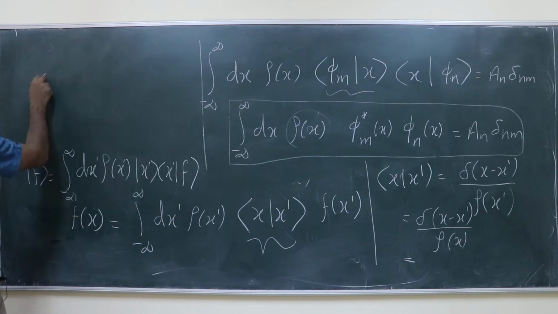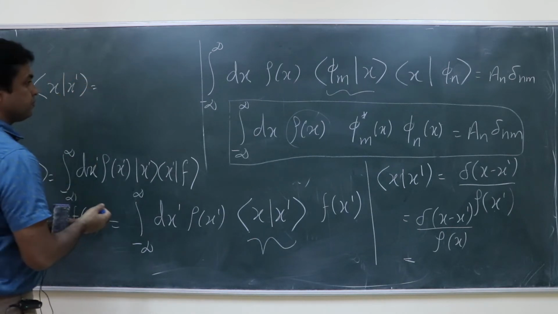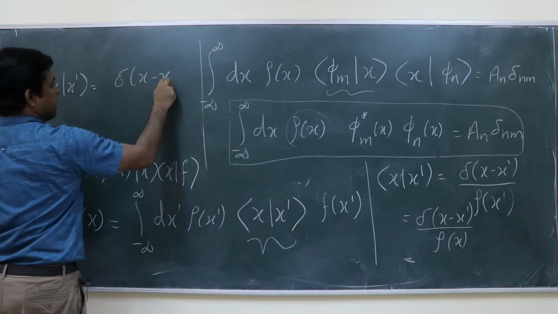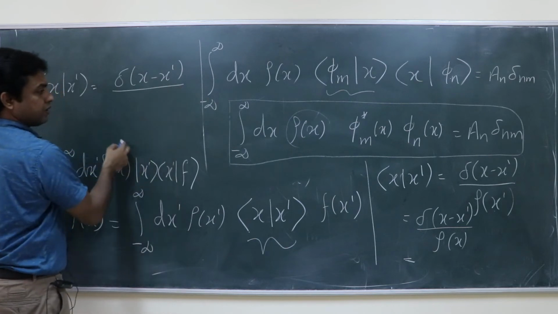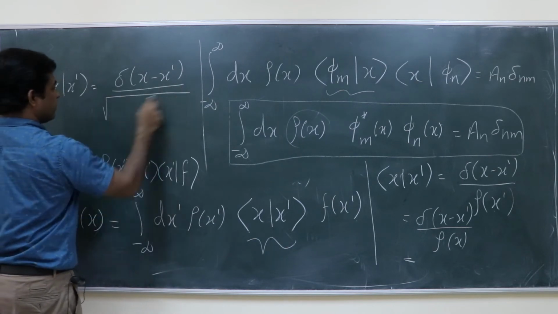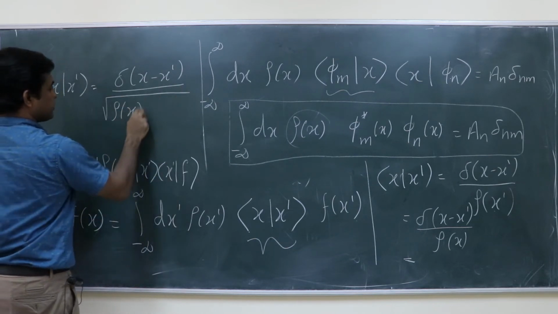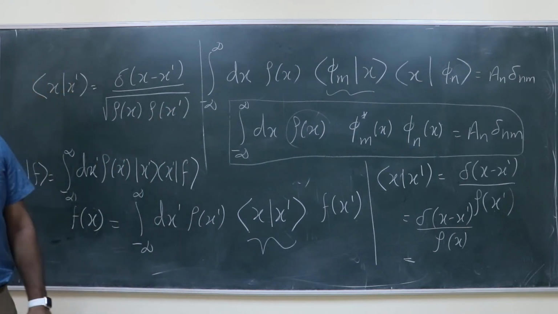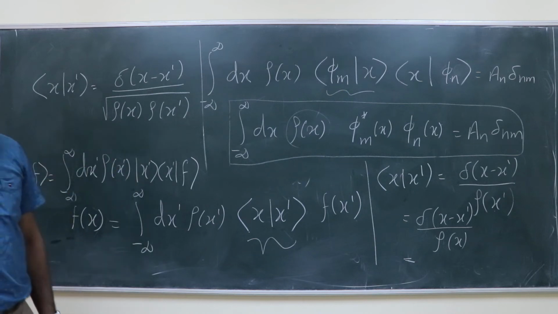What about delta x minus x prime divided by the square root of rho of x rho of x prime? What if I substitute this one?